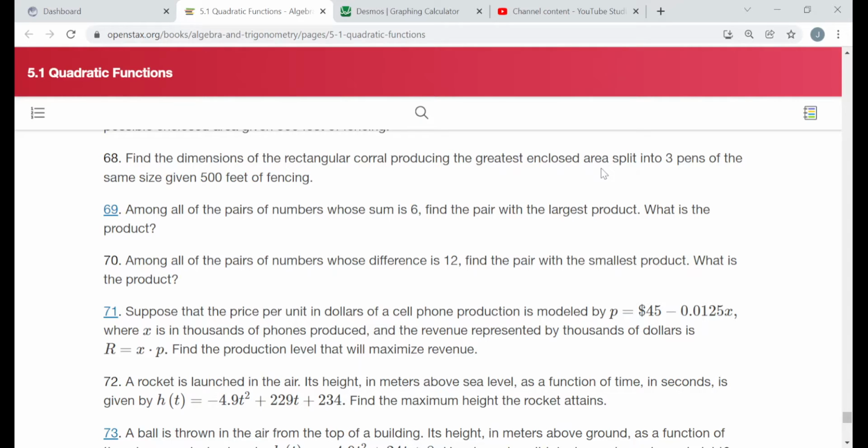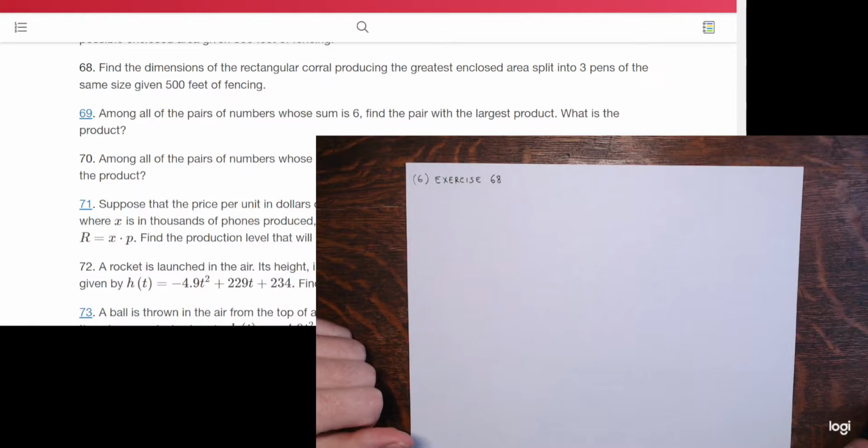So once again, we're maximizing area. So I would like to get area to be a quadratic function of a single variable. We'll make some substitutions to make that happen. Split into 3 pens of the same size, and you're only given 500 feet of fencing. So again, I'll make sure this information's still up there.